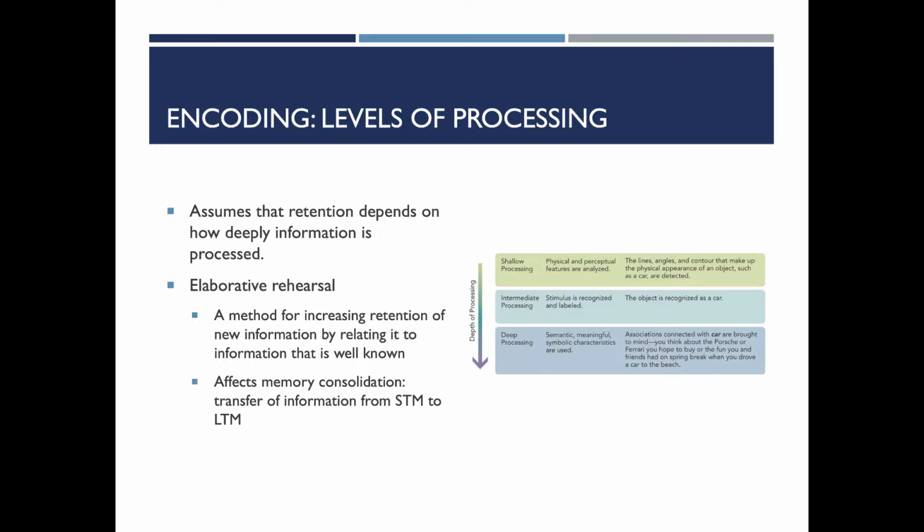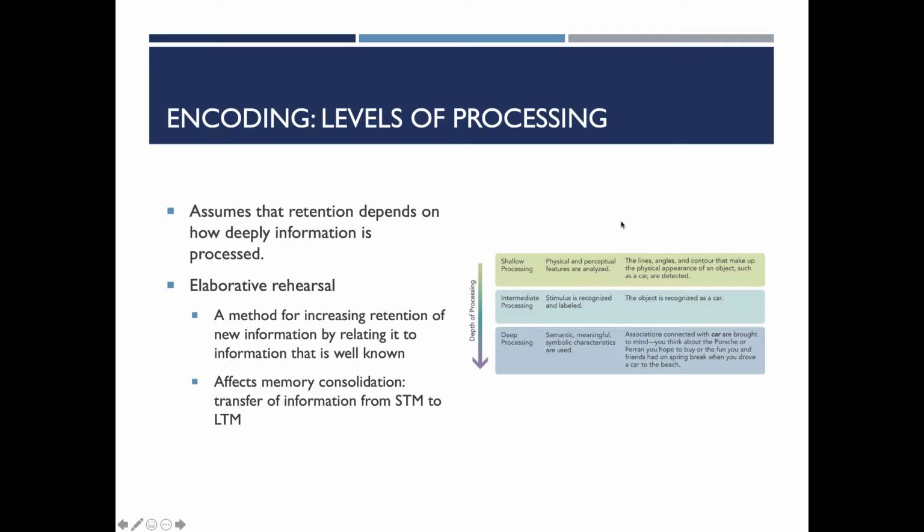That is, there are different depths to how much you can process information, from very shallow down to deep levels of processing. And the more deeply you process information, the better it will be remembered. When you purposely use deep processing techniques, then you're using elaborative rehearsal to increase the retention of new information, and doing so by relating it to stuff that you already know.